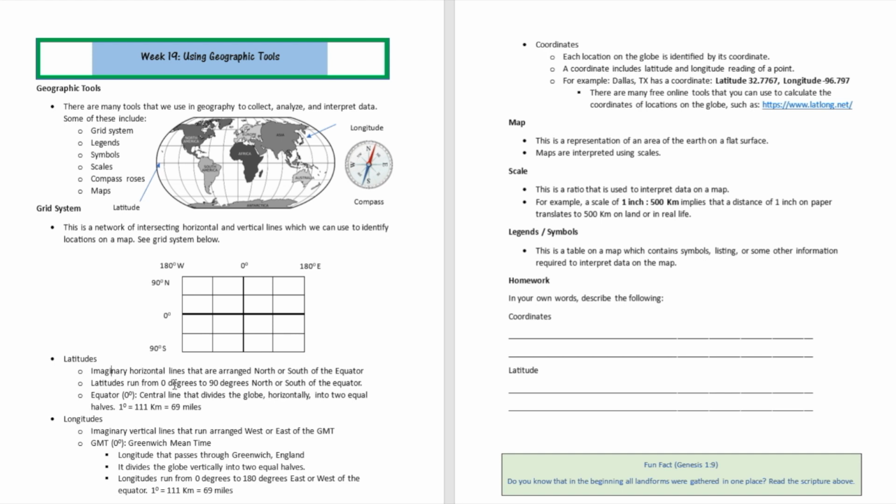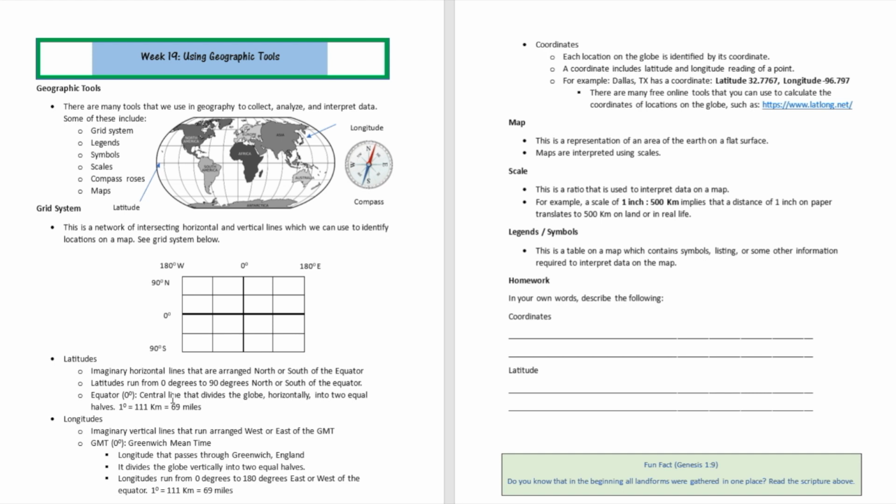Latitudes run from 0 degrees to 90 degrees, either north or south of the equator. The equator is the 0 degrees horizontal line, and other horizontal lines can be to the north or the south of it.